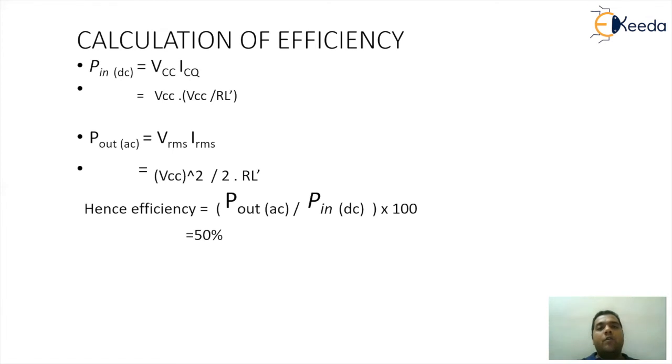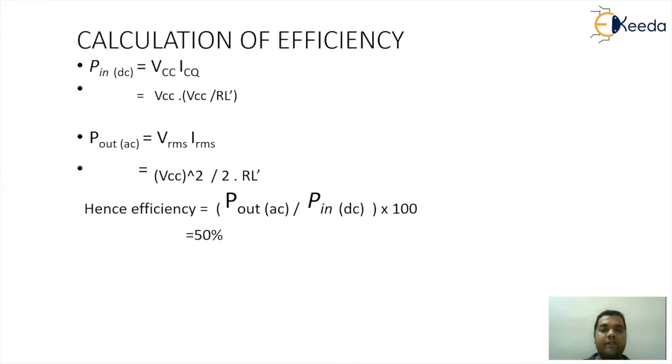When I talk about the efficiency of the transformer coupled class A circuitry, the input DC power will be VCC into ICQ, where the ICQ value will be VCC by RL dash. The AC output power will be VCC square by twice of RL dash. The efficiency is P out AC by P in DC into 100.